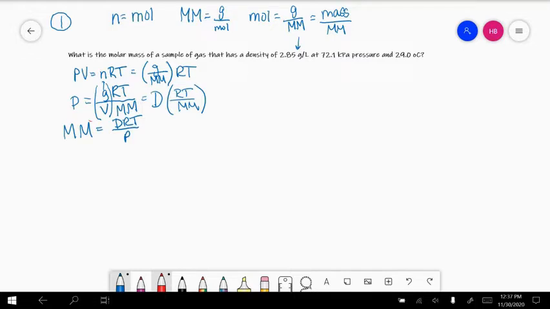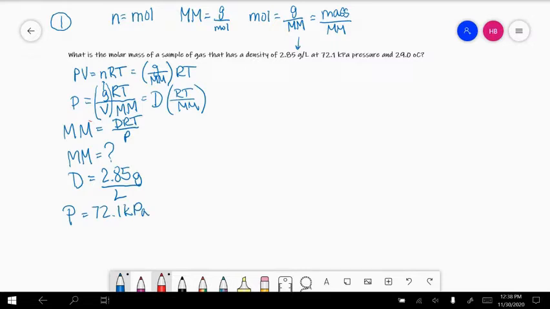That being said, let's read through the problem. It says, what is the molar mass? So that's what we're solving for. Of a sample of gas that has a density of 2.85 grams per liter at a pressure of 72.1 kilopascals.